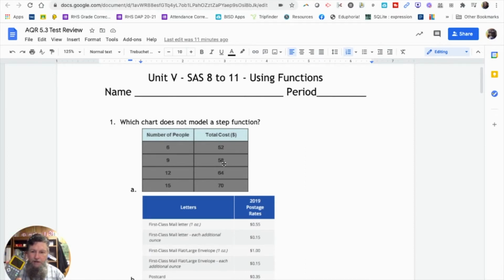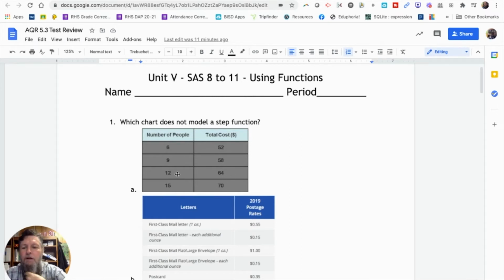I'm going to get my handy-dandy little TI-84 calculator. Let's look for some correlation. What's the difference between the number of people, 6 and 9, on cost? It's a $6 difference for 3 people. 9 to 12 is 3 people and another $6 difference.